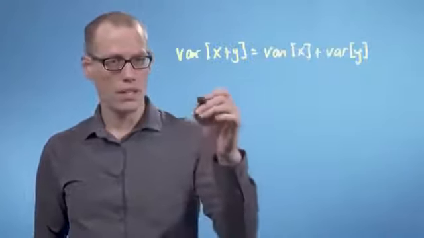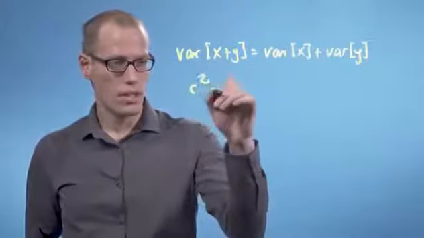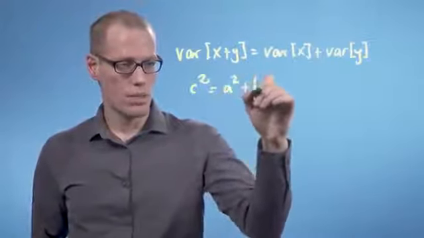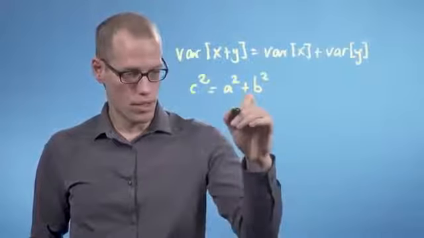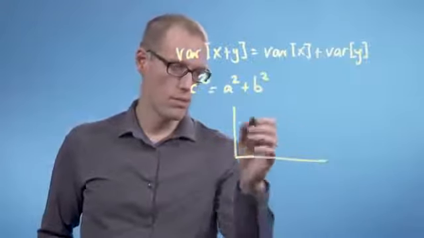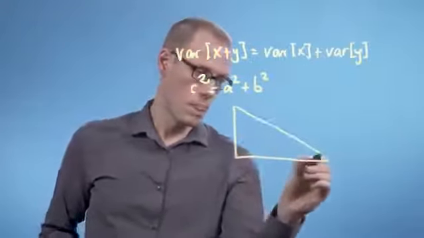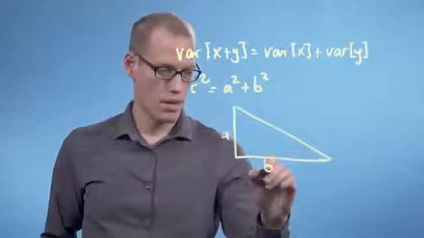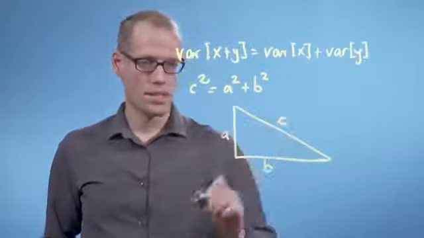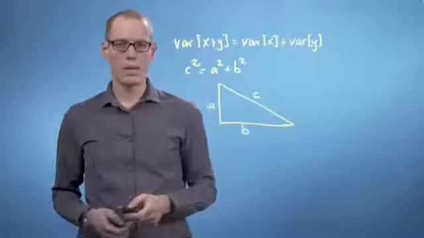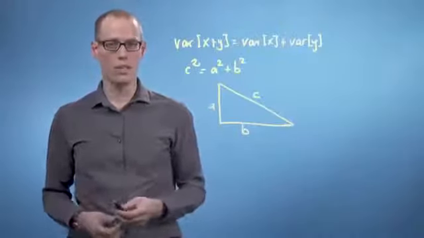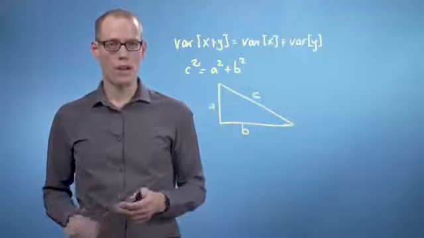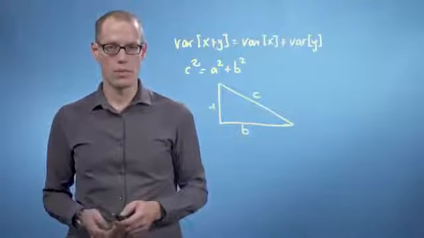That one states that c squared equals a squared plus b squared. If we look at triangles of this form, where this is a, b, and this is c, let's see whether we can find a geometric interpretation of the variance relation of uncorrelated random variables.